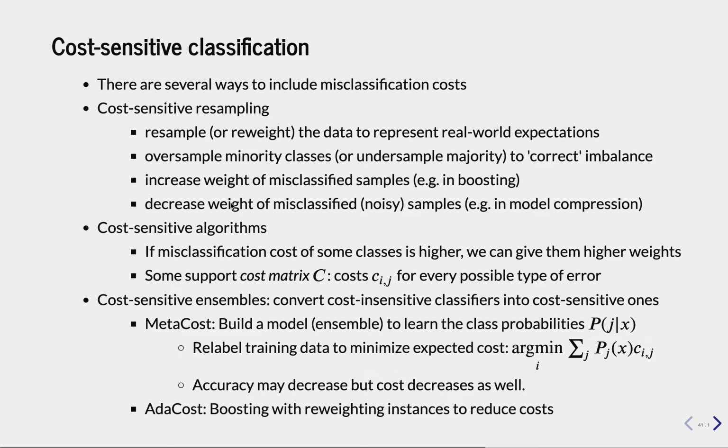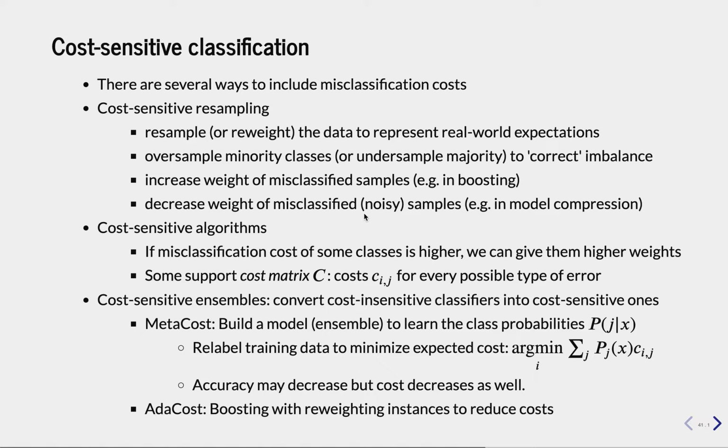Another more tricky approach is to decrease the weights of misclassified samples. So here the idea is that you build a very, very complex model, like a very large ensemble or large stack, which is likely to give the correct predictions given enough data.